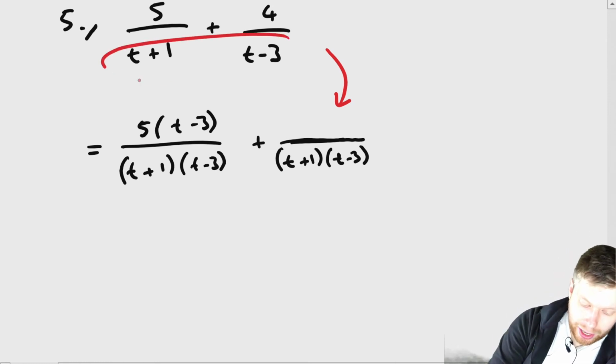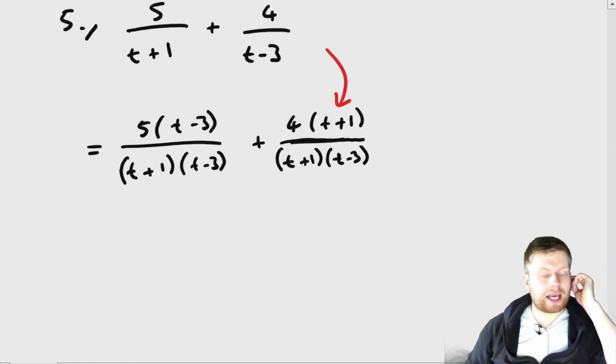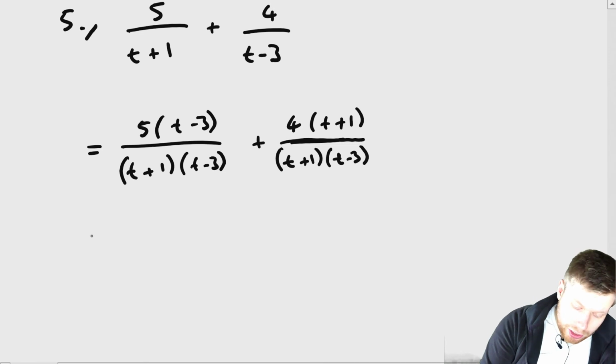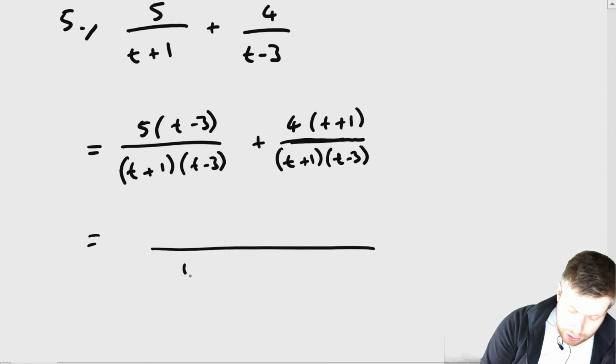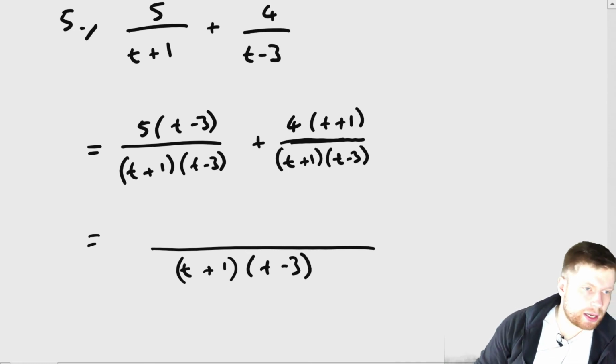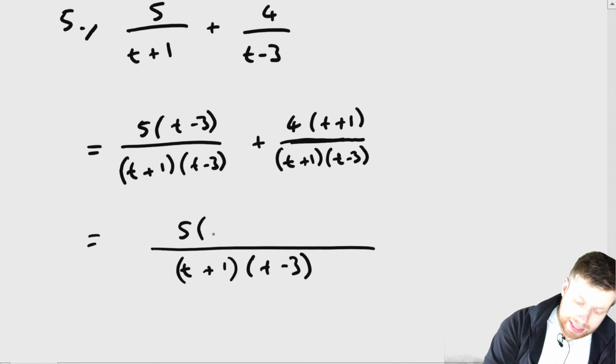Well, we did it right at the very start. I just multiplied by the t plus 1. So I get the 4 multiplied by t plus 1 on the numerator of that second fraction. Again, I'm just using brackets. Now I can write this as a single fraction. So I have t plus 1 multiplied by t minus 3 on the denominator of the fraction. So collect together the denominators, then simply add together these two numerators.